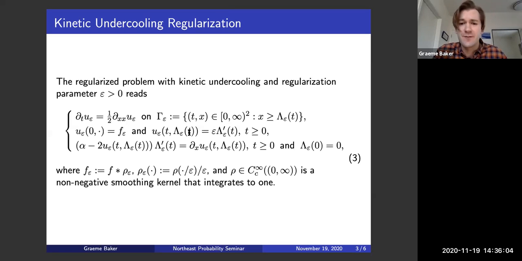But also, if we divide through by epsilon, then for a fixed epsilon, using the maximum principle, lambda epsilon prime will be bounded by the maximum of u epsilon divided by epsilon. Then we have here, again, the Stefan condition. This looks a little bit different from 2 slides ago. Before we just had alpha lambda prime is dx of u. Now we've put alpha minus 2u.